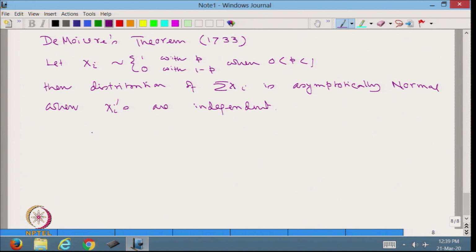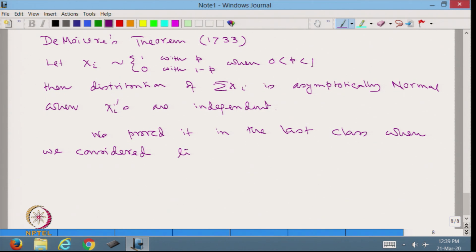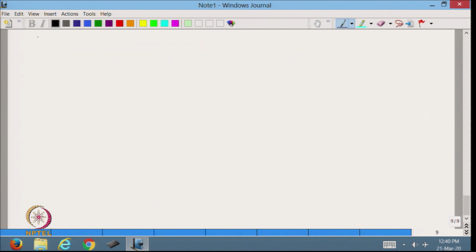We have already proved it in the last class when we considered the limit as n goes to infinity of binomial n, p, as we know that sigma xi, i equal to 1 to n, is distributed as binomial n, p.